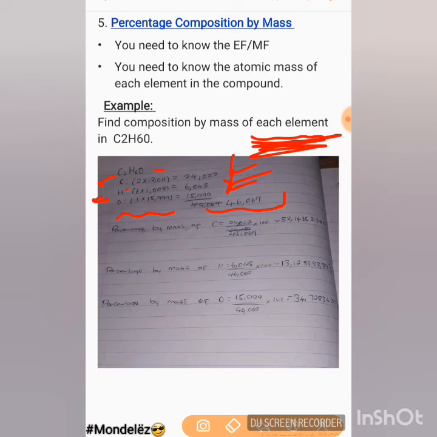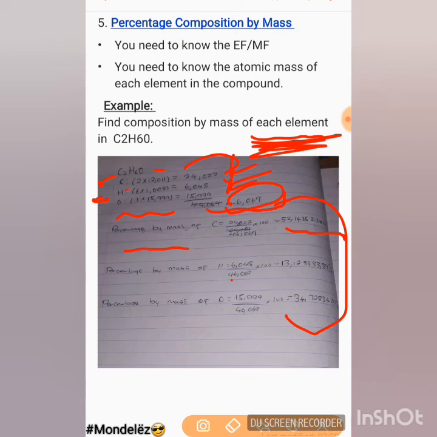Then you go find the percentage. For each one, you take what you got there divided by this total times 100, and it will give you the percentage. How should you know you're correct? When you add these percentages up, they should give you 100%. So the percentage by mass of carbon is 24.022 over 46.069 times 100, which gives you 52.14%.